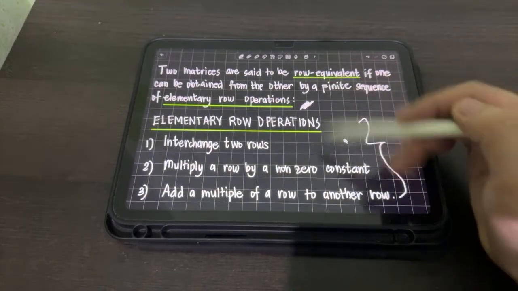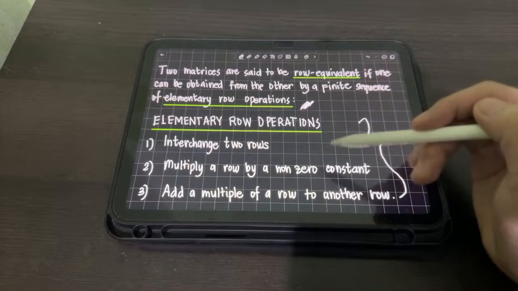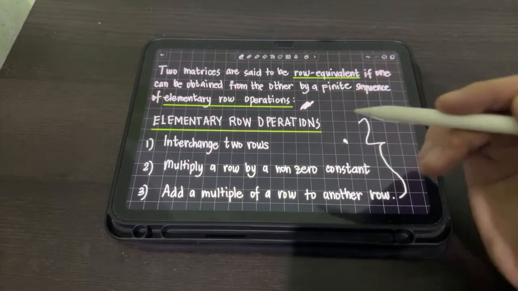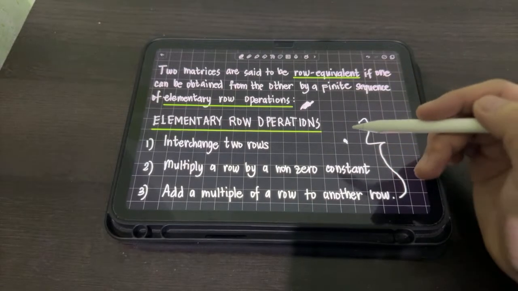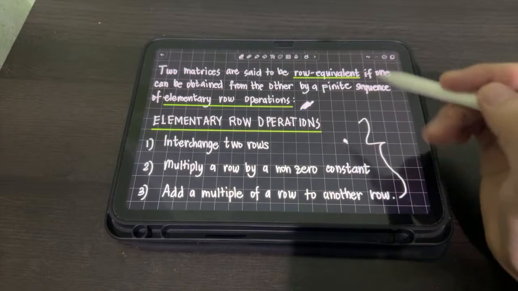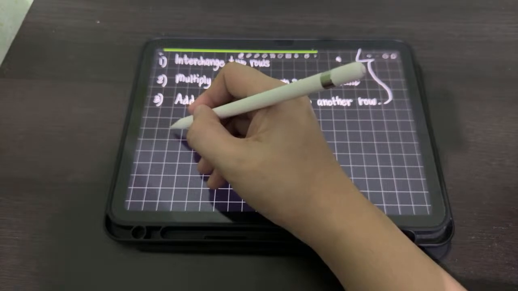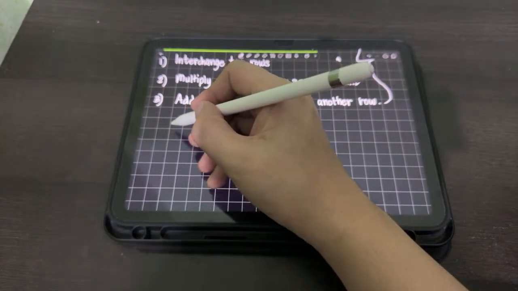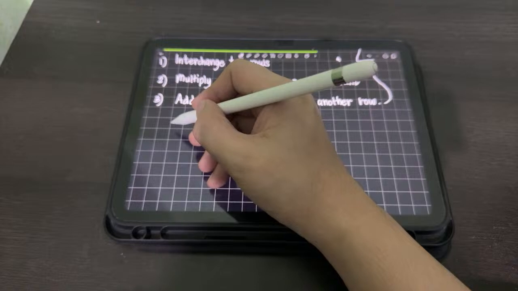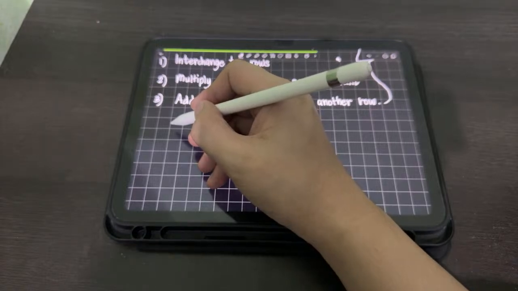To illustrate how to use these elementary row operations, it's better to illustrate this using problems. Okay? So let's have some problems to illustrate how to convert a matrix to row echelon form and reduced row echelon form.